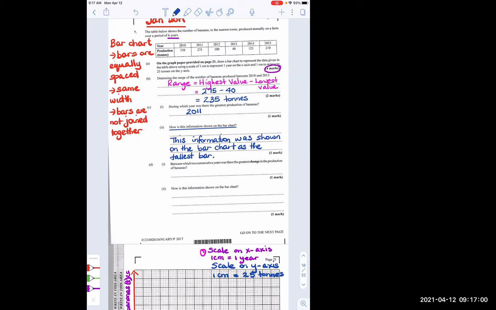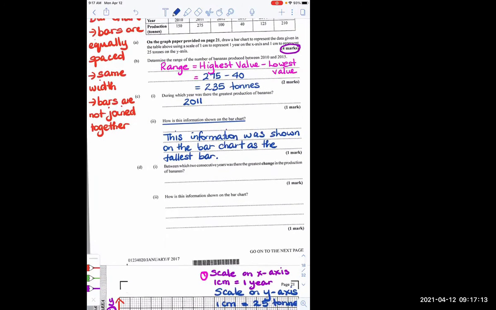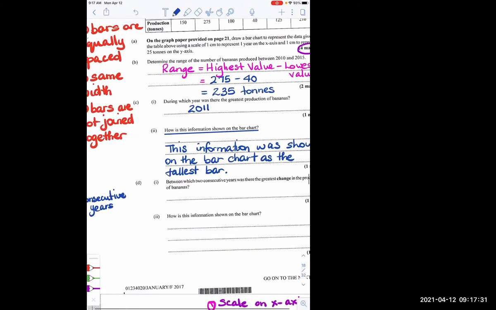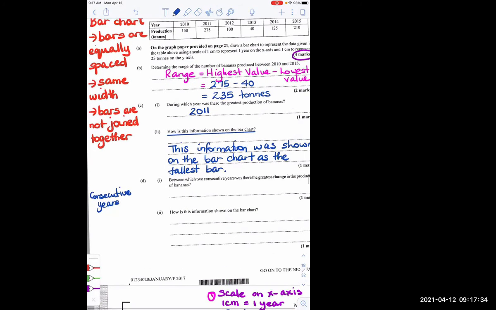All right. Now, between which two consecutive years was there the greatest change in bananas? So we're going to draw a table. So in our table, we are going to have the consecutive years. The first consecutive year we have 2010 to 2011.